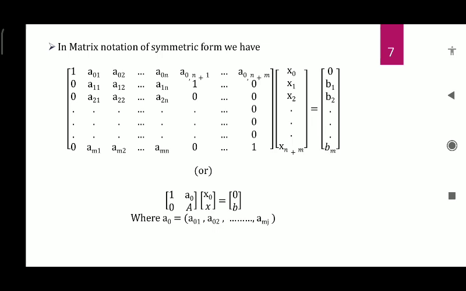The second row is represented as 0, a11, a12, etc., a1n, 1, then all other values are 0. The third row is represented by 0, a21, a22, etc., a2n, 0, 1, etc. Then the last row of the matrix is represented by 0, am1, am2, etc., amn, 0, etc.